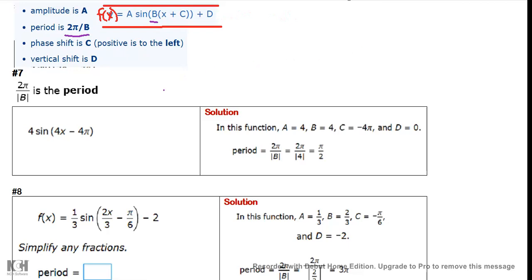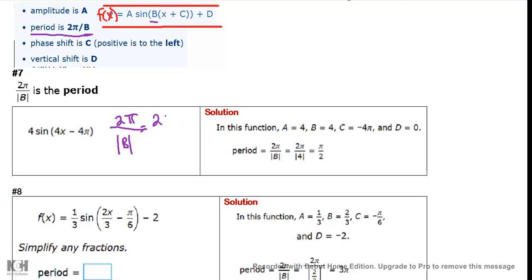And so when we're looking for the period, it is the B variable right there. And you're going to plug it into this little formula. So the formula for that is 2 pi over the absolute value of whatever B is. Right?